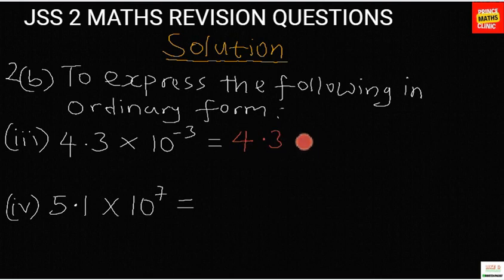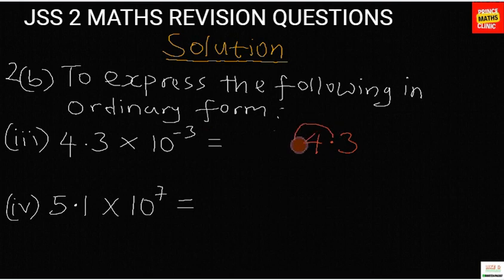4.3, right? Times 10 raised to power negative 3 is like this. Oh, sorry, let me put it like this for easy understanding. Good. When you have a negative power, what you do is just write your figure that you have, which is 4.3. Now, because it is negative 3, you are going to move the point out towards the back.